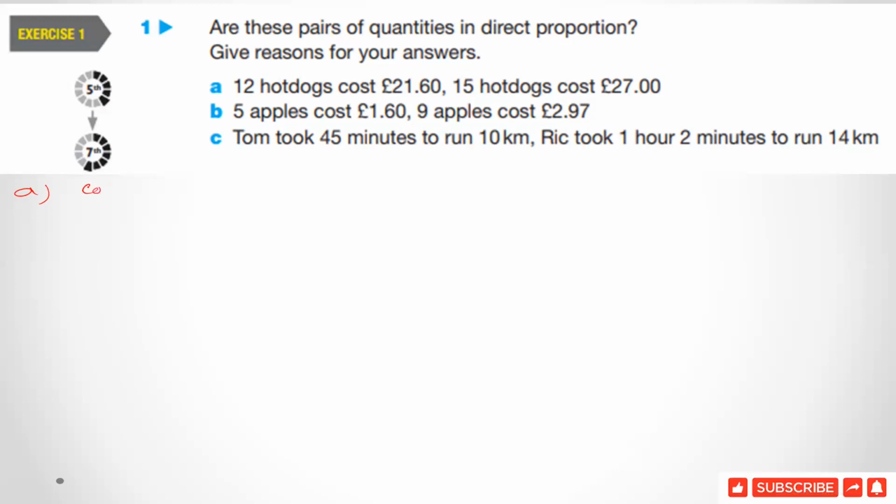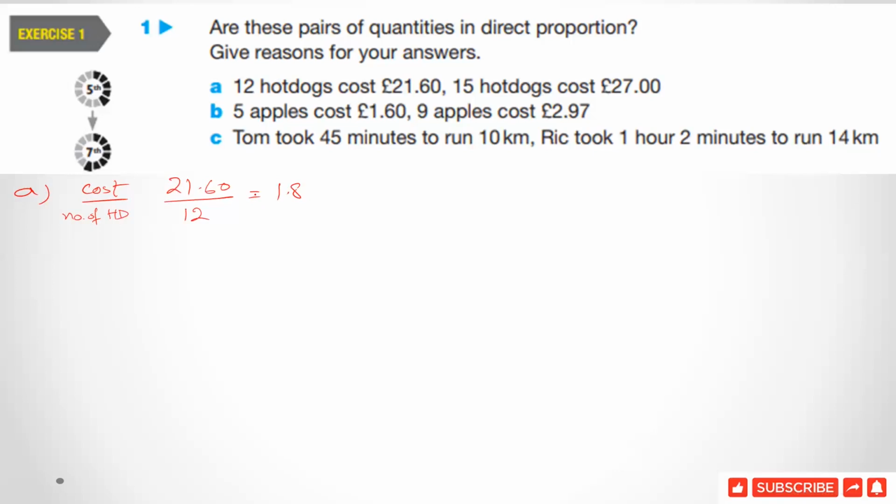So we check cost divided by number of hot dogs. Cost is 21.60 divided by 12, the number of hot dogs. When we divide 21.60 by 12, we get 1.8.